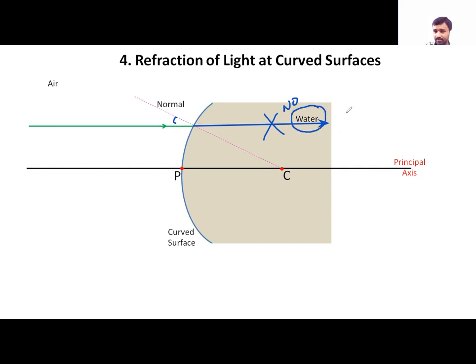When it changes its medium, speed changes. Automatically, according to Fermat's principle, it deviates from its path to take the least time. So it never remains in that path. So it bends towards the normal because it is in the denser medium. So from rarer to denser medium, it bends towards the normal. Clear, everyone? So this is given as case 1 in your textbook.